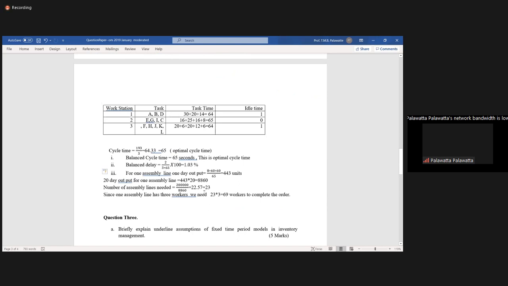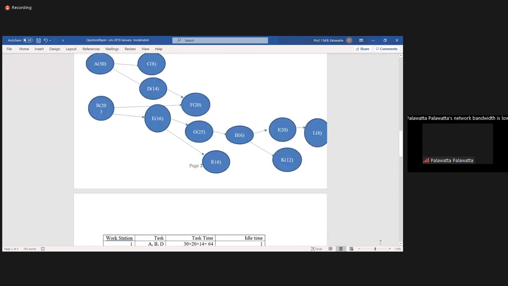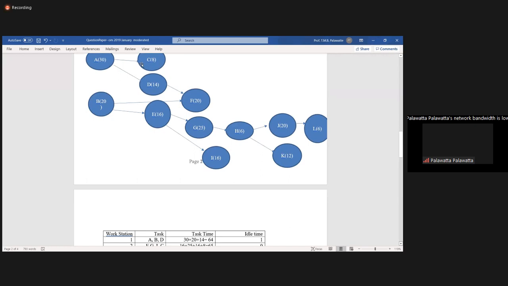So this particular answer is the optimal answer, but during the examination the students may not have worked out the same combination. In such a situation, I give marks if the station creation has not violated the precedence of these tasks.